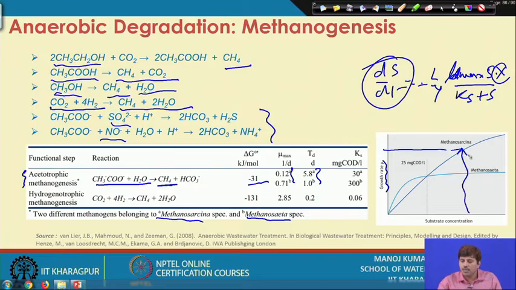The rate of growth will be much higher beyond a certain substrate concentration, but at lower substrate concentration it is the methanosaeta which works better.